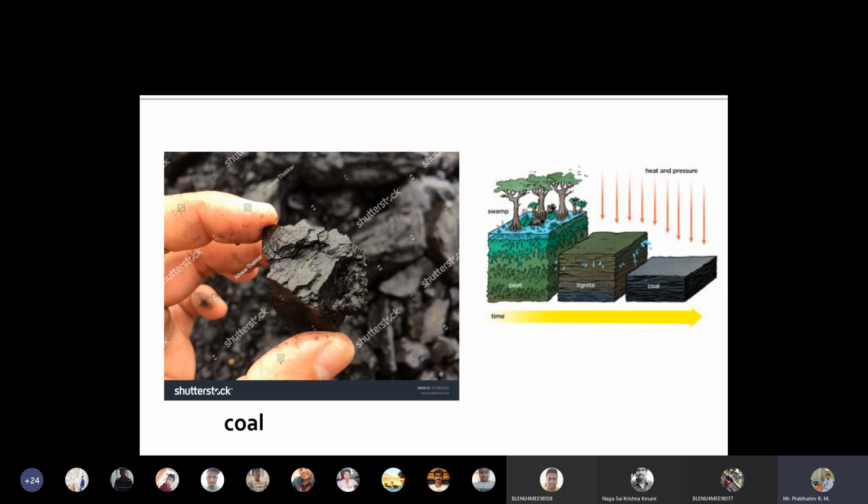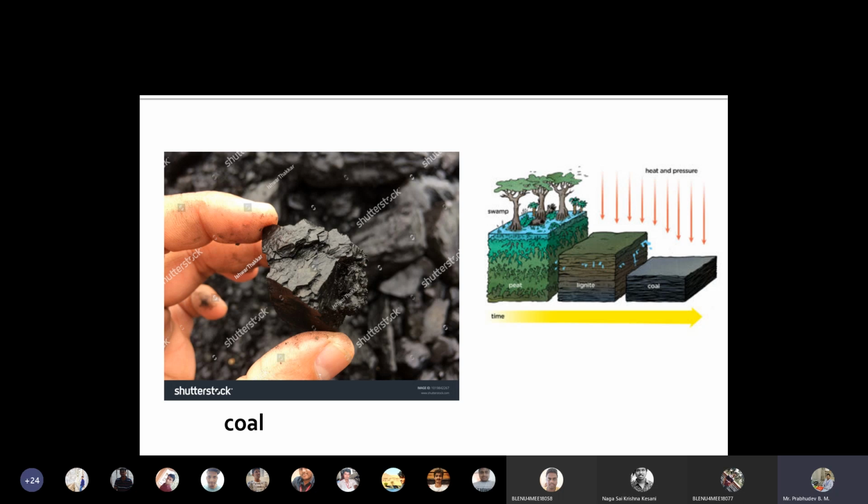What actually happened is, very long ago, the plants or animals or dead material present on the earth's surface got buried under the earth due to geographical upheavals. That means some portion of sand or soil gets filled over the top of the dead animals or plants, or any broken or fallen trees.